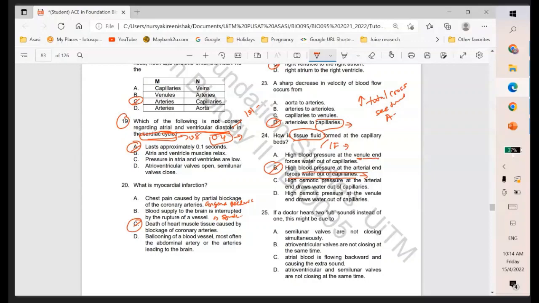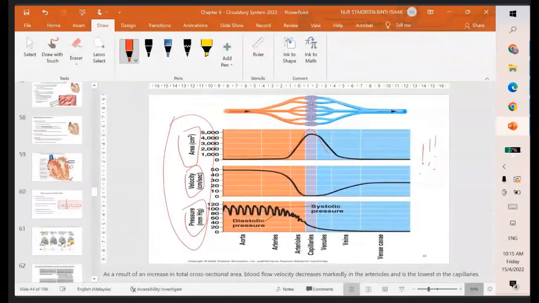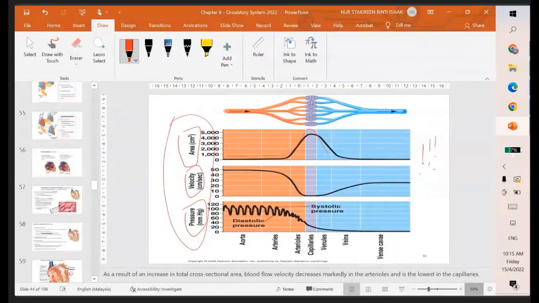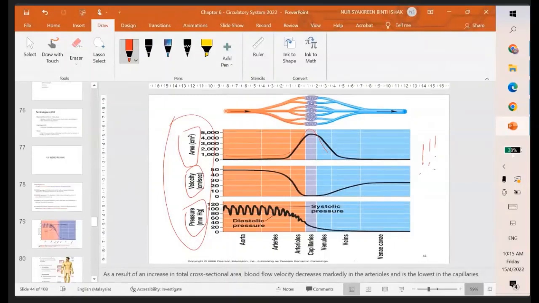Excess fluid in the interstitial fluid will enter back into the blood capillaries at the venule end. Okay, venule end. So kalau awak rujuk awak punya slide note ni, awak fahamkan ini. Ini pun mesti awak kena fahamkan. Kalau tengok past year punya question, ini antara soalan yang suka ditanya.